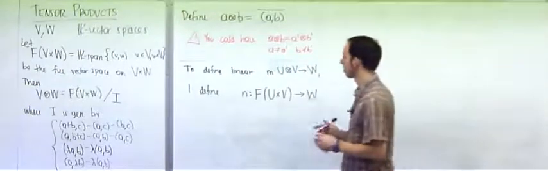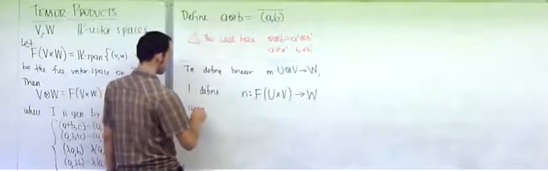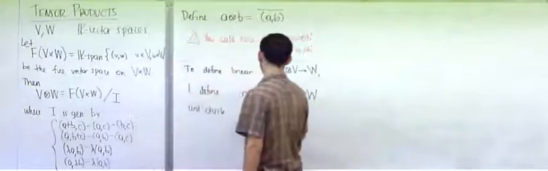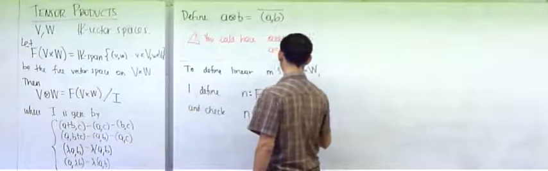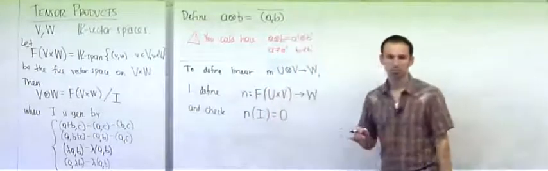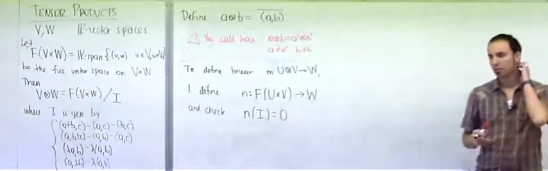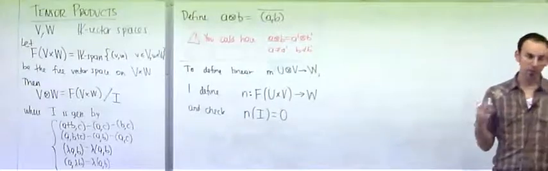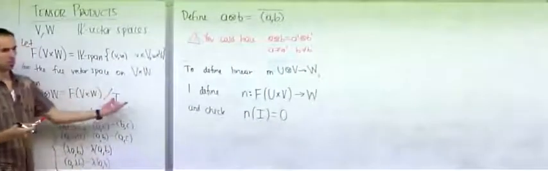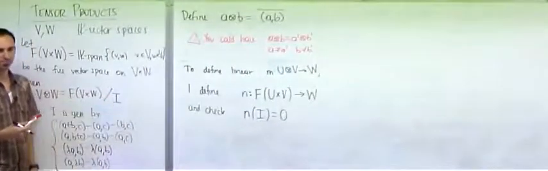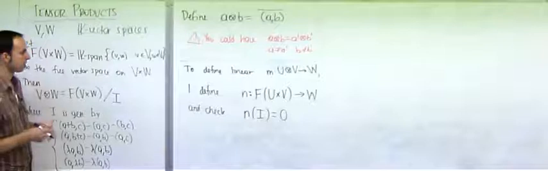Okay. And I check that n of I is 0. Okay. That's always how you can define a function on a quotient. Is that you can define it on the big thing and check that it vanishes on the thing that you're taking the quotient of. Okay.